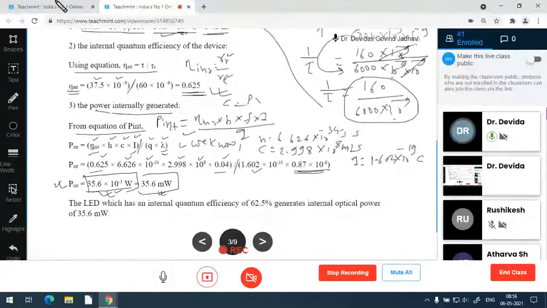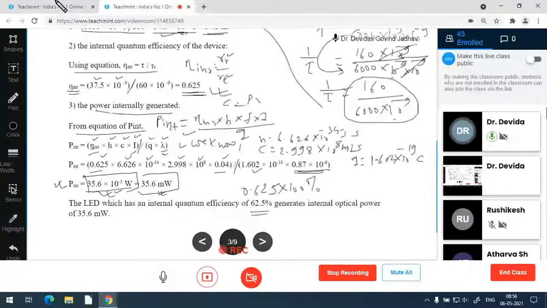So the LED has an internal quantum efficiency of 62.5%. 0.625 can be written as 62.5% when multiplied by 100, since a fraction multiplied by 100% gives the efficiency in percentage.